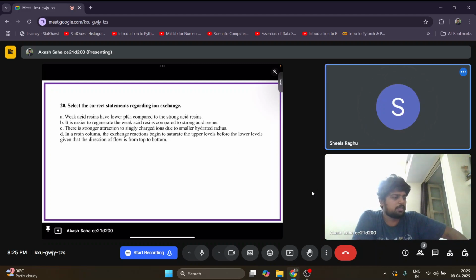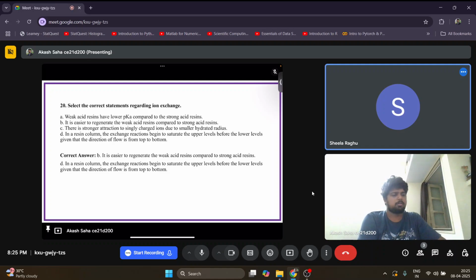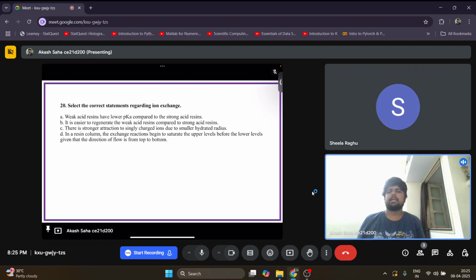Okay, next one. The answer I've already shown, but anyway, we will discuss. Again, this is regarding ion exchange. Weak acid resins have lower pKa value compared to strong acid resins. It is easier to regenerate a weak acid than a strong acid resin.